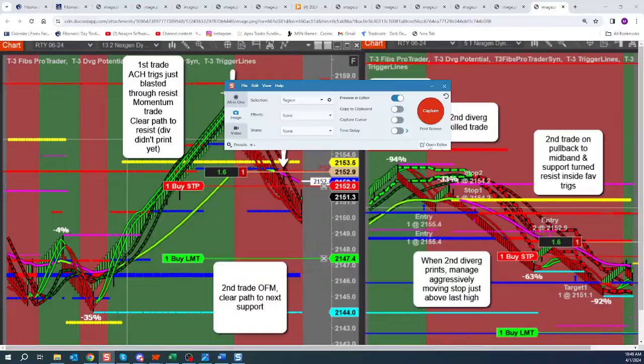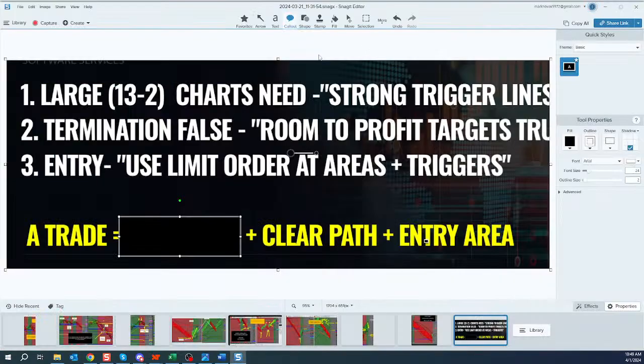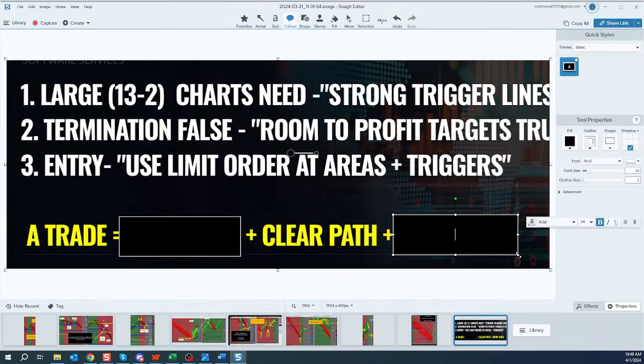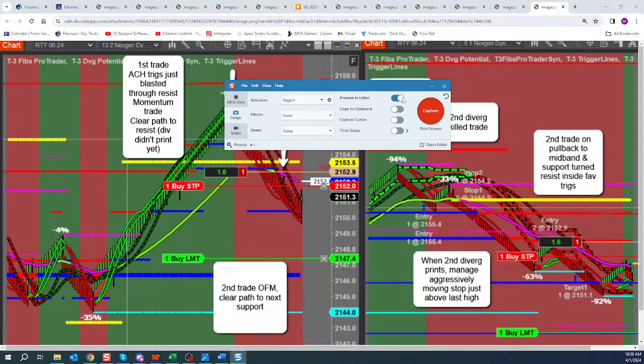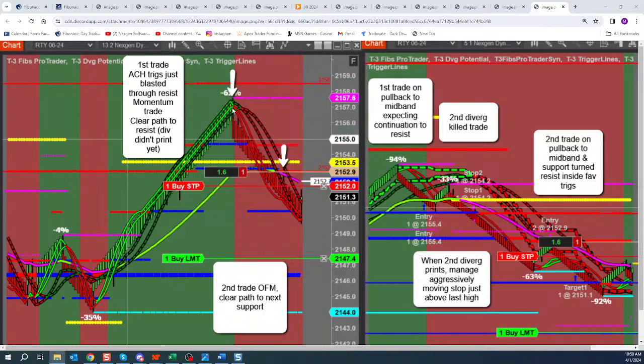But it's important that you recognize on this one, clear path was really the only thing that you were working with on the first trade. Does that make sense? If we go high probability trend trade advantages, the clear path was really the only one rocking there. Your areas are beyond the correction point.